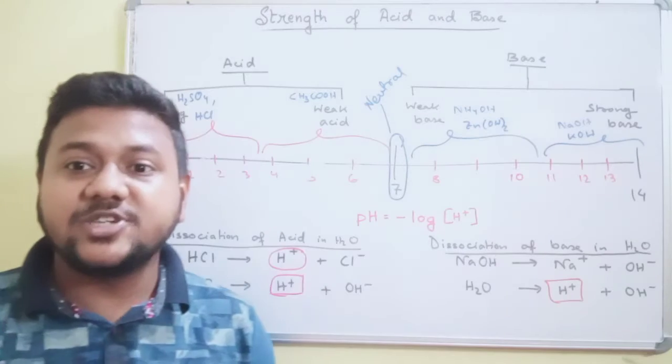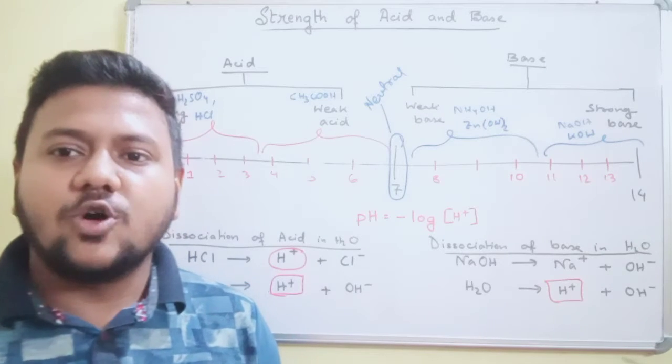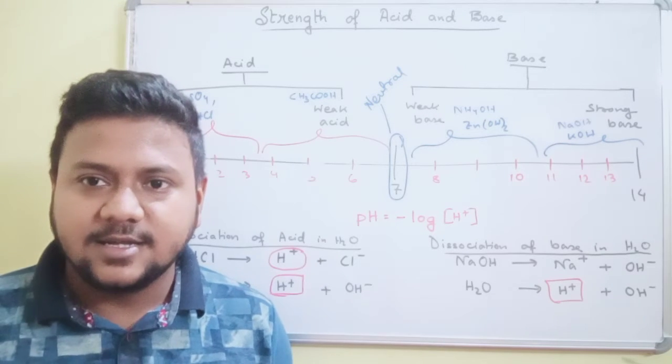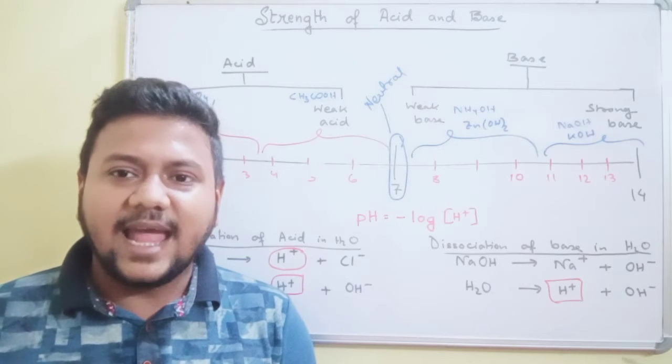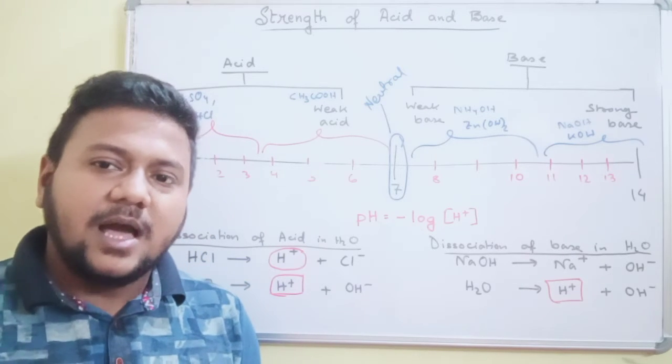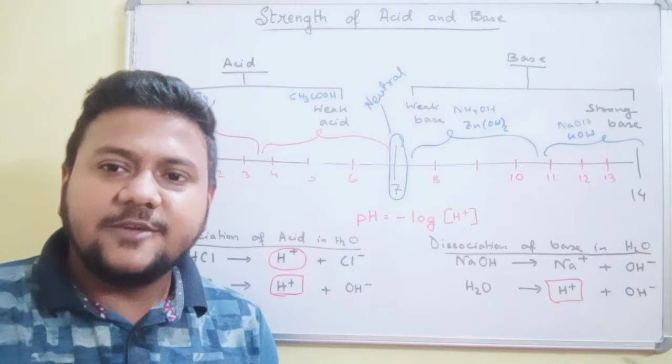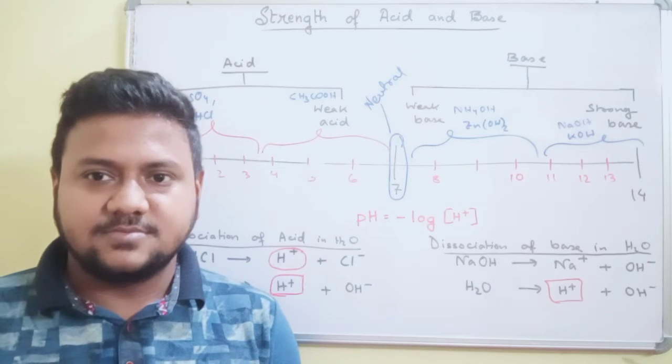Now there is a special indicator which is called the universal indicator, which is a mixture of several colors that, when dipped in a particular substance, gives a change in color.